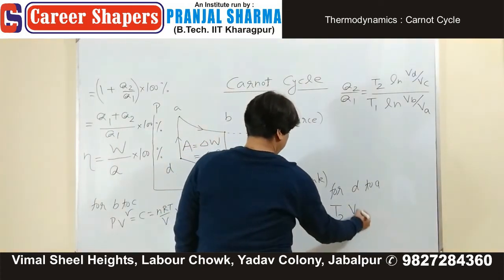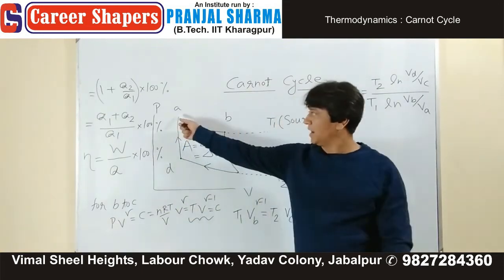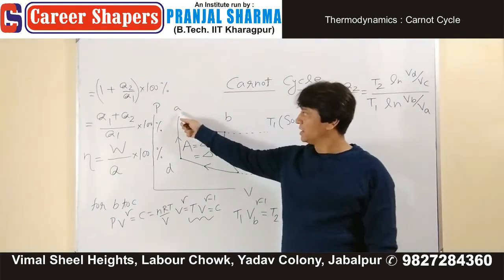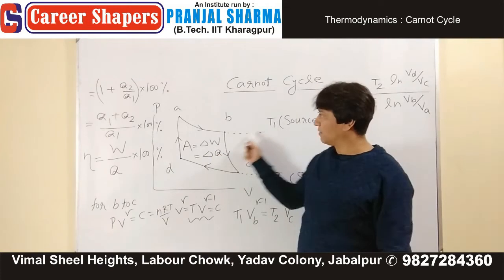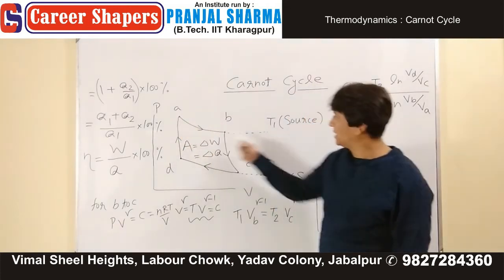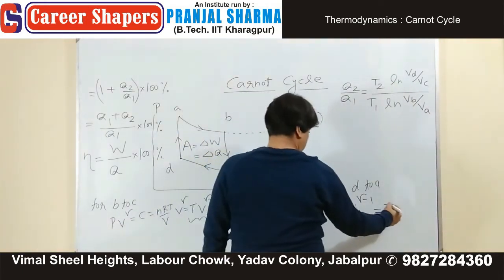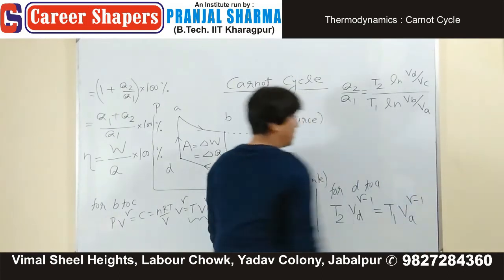Volume VD to the power gamma minus 1 at A. A is part of this isothermal curve also. A is part of the adiabatic curve as well as part of the isothermal curve. So what is temperature at A? Temperature at A is T1, volume is VA. T1 VA to the power gamma minus 1.